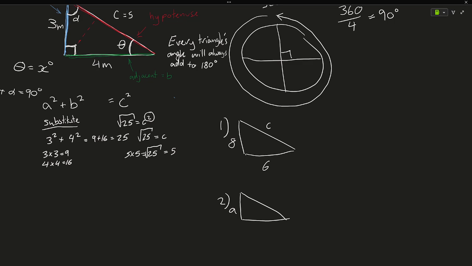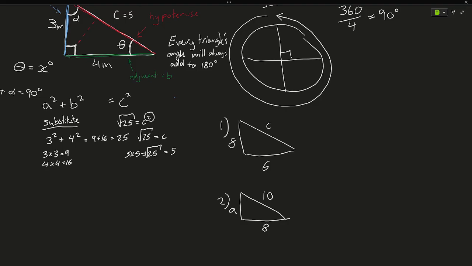Let's say the hypotenuse is 10, and your adjacent is 8. So what is A? I'll give you a hint.